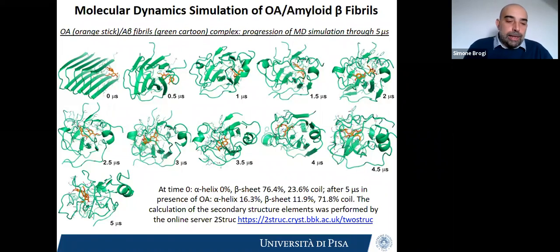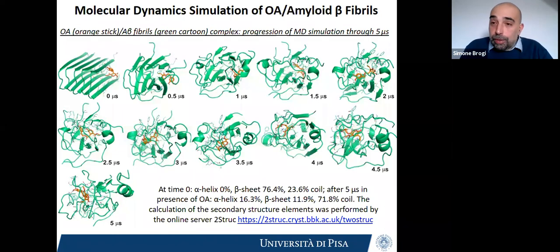And the formation of the alpha helix motif allowed us to detect alpha helix content going from 0% in the starting structure to 16% after 5 microseconds.